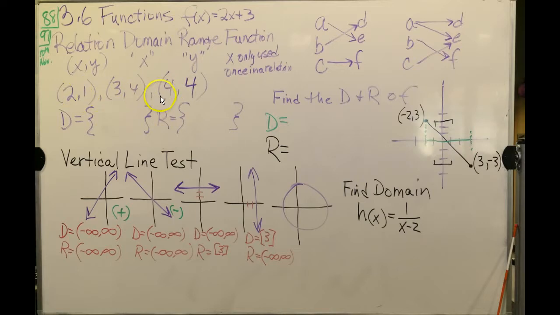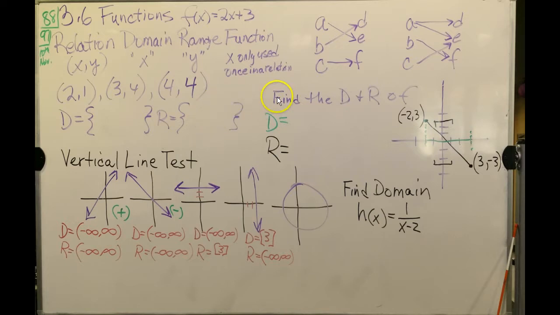No, just once in each relation, and they're different. So this would be a function. Now, when we look at the range, we have a 1 here, a 4 here, and another 4. And the rule is if something is repeated, we only write it once. So here we're going to write a 1 and a 4.